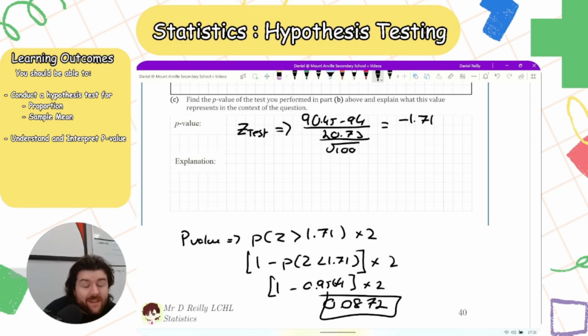And it is more than our 5%, so therefore we do not reject the null hypothesis.